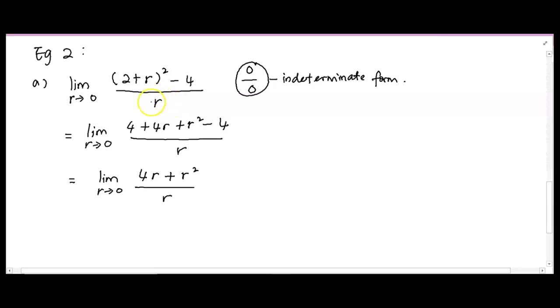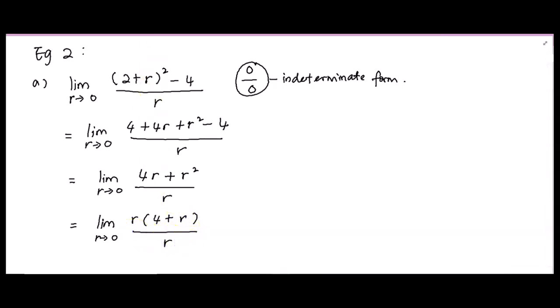Alright, so I want to find another r which appears in the numerator so that it can be cancelled off with the r here. That means I need to find one r at the numerator. I need to factor out the r. I get r times 4 plus r, over r.